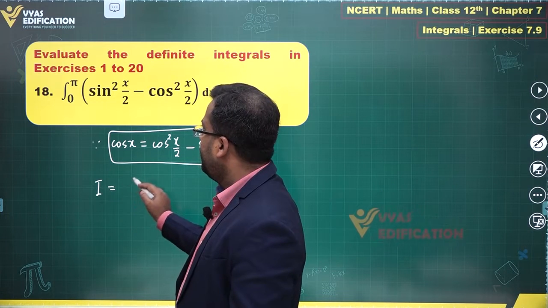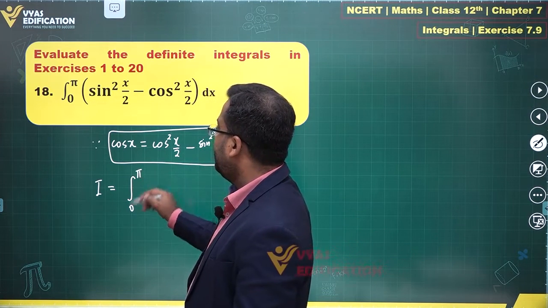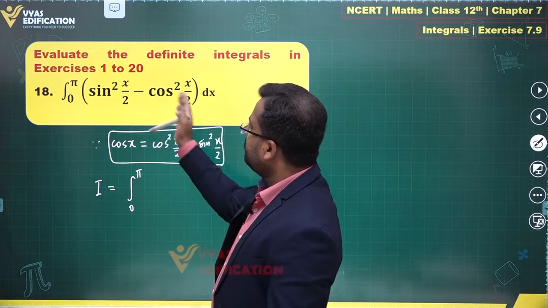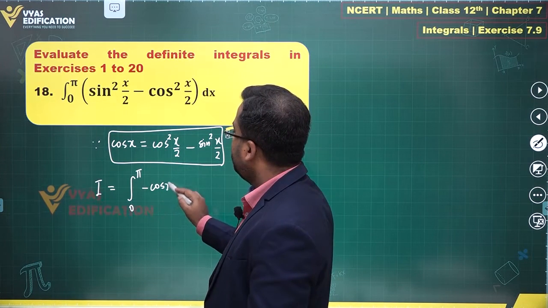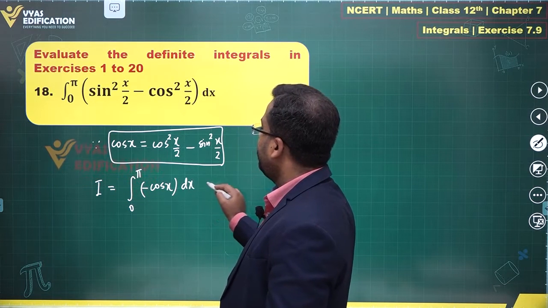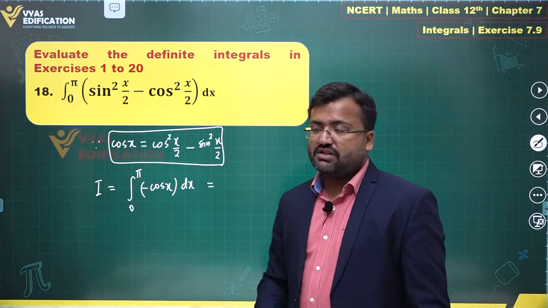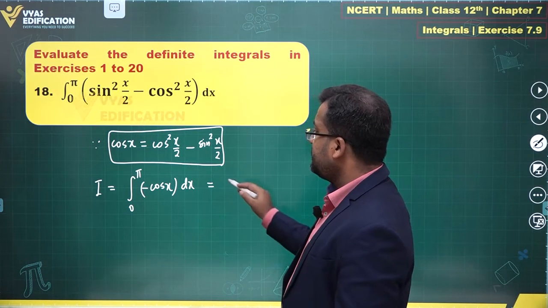Yes. Cos square minus sin square will be equal to cos x, so sin square minus cos square will be minus cos x dx. And the integral of minus cos x is minus sin x.